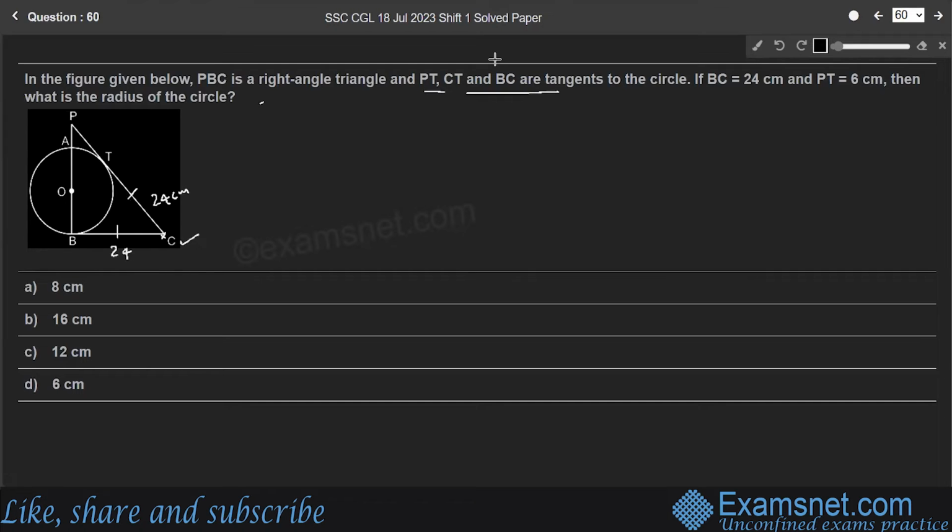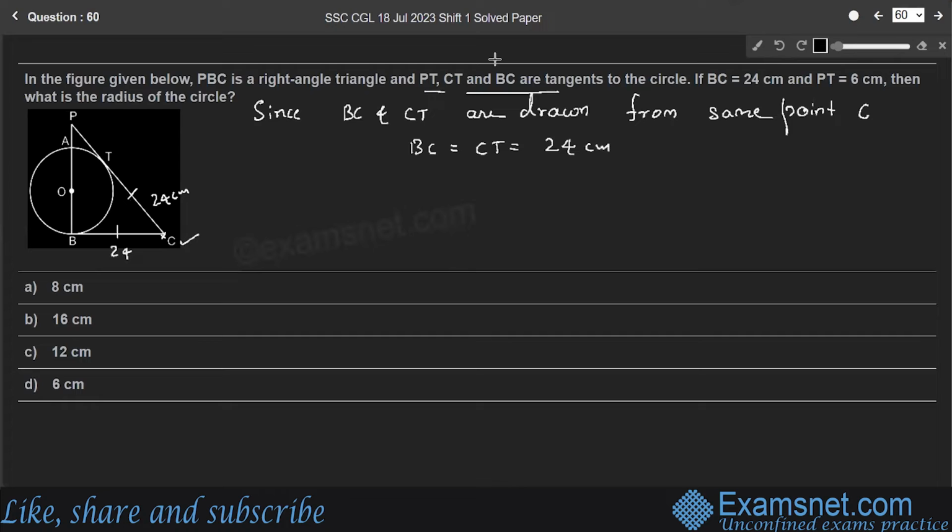So therefore, since BC and CT are drawn from the same point C, BC is equal to CT, which is equal to 24 centimeter, right?